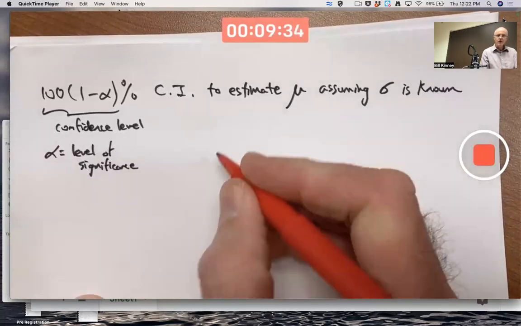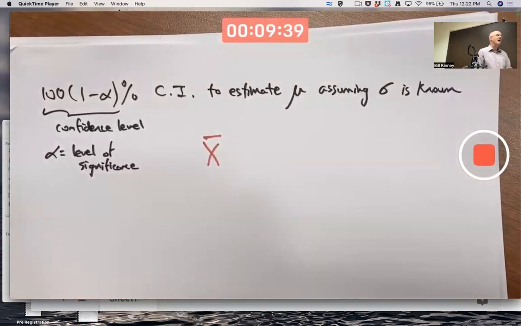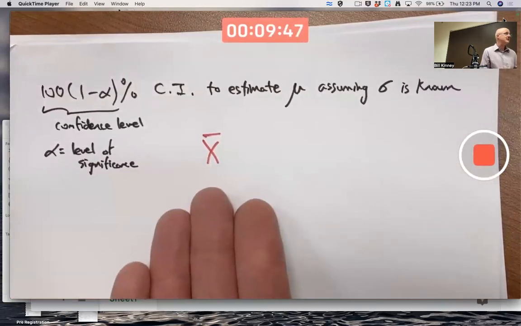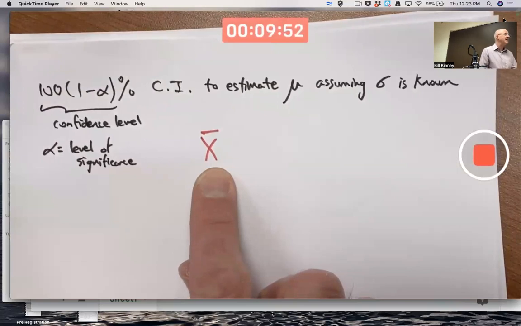And the formula, written with capital X bar instead of lowercase x bar, is really a formula involving random samples, a statistic that is a random variable. It's got a distribution. X bar is a point estimator, right? Our favorite point estimator.